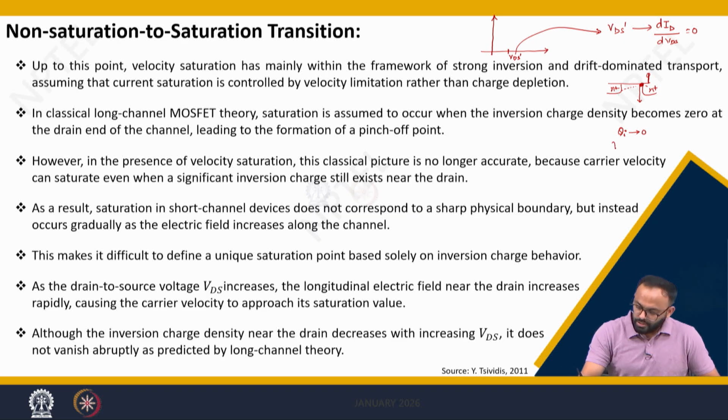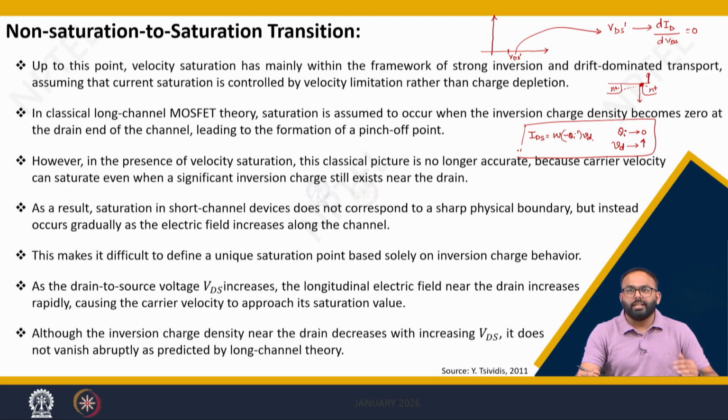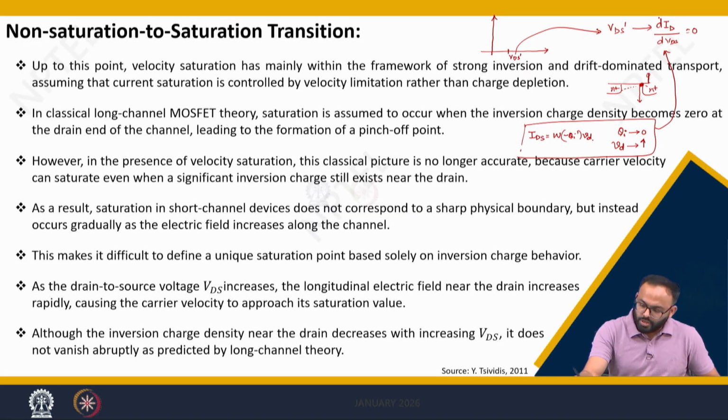At that condition the drift velocity should go to maximum, or it should go to infinity to maintain a constant current, right, because the current is nothing but W into minus Qi dash into Vd. This was the basis with which we started our analysis without including velocity saturation, and then we derived this equation considering that the slope of the current is almost 0, and this was the basis to calculate VDS dash.